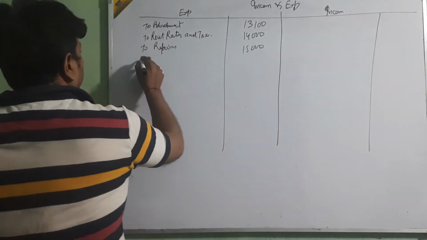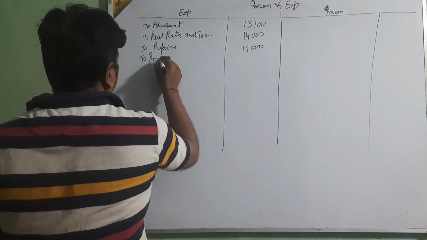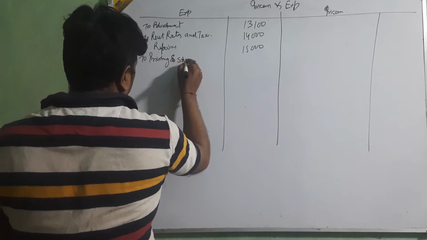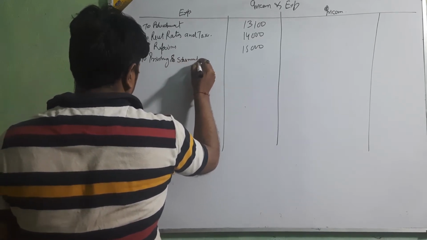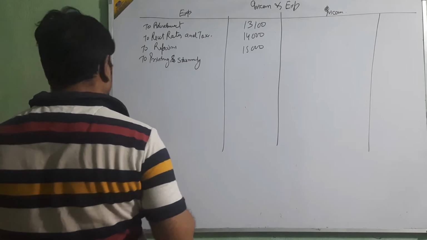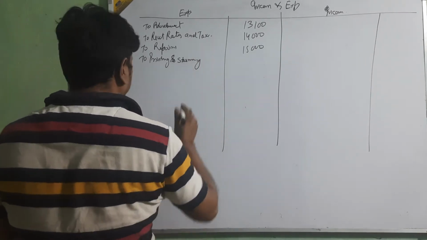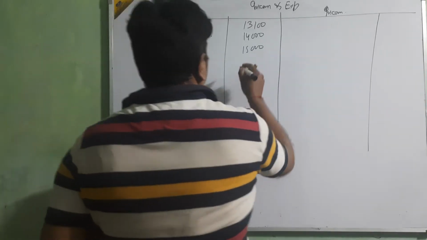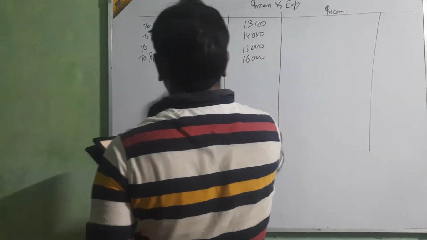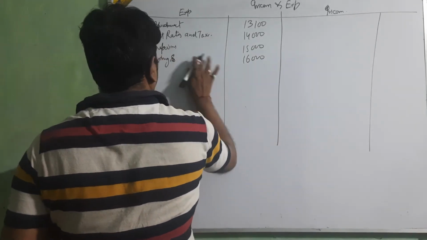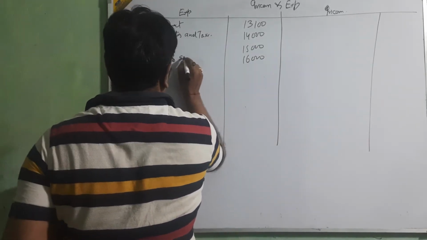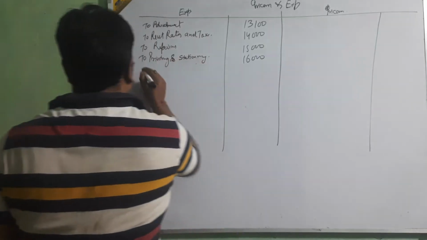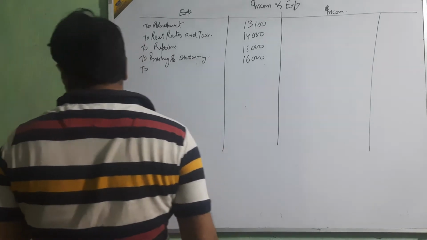Next, stationery. Okay? Stationery 16,000. Okay, then next, government grant.